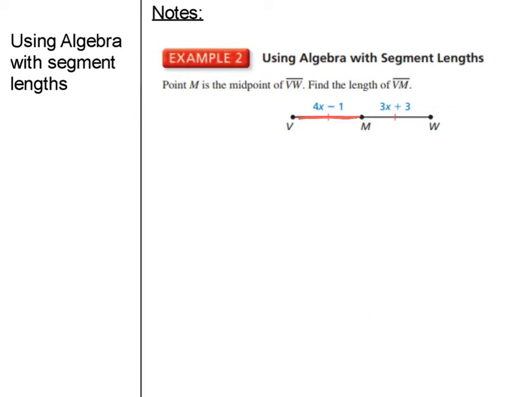VM and MW are equal lengths, so how do I solve this? I set them equal, right. So set them equal and solve. So 4x minus 1 equals 3x plus 3, and of course, solve with your algebra. So not complicated algebra, just understanding definitions in order to solve this correctly.